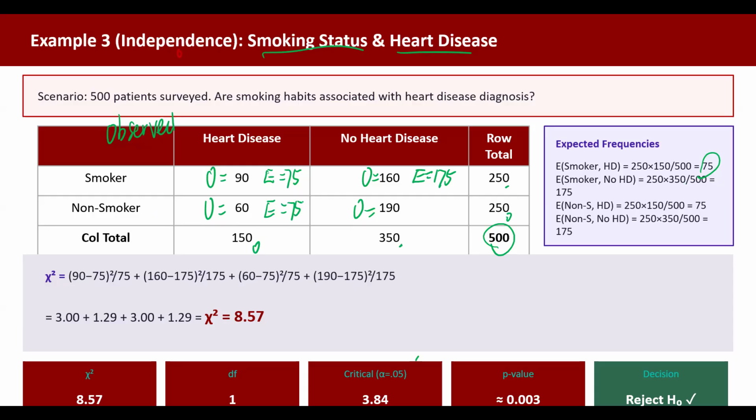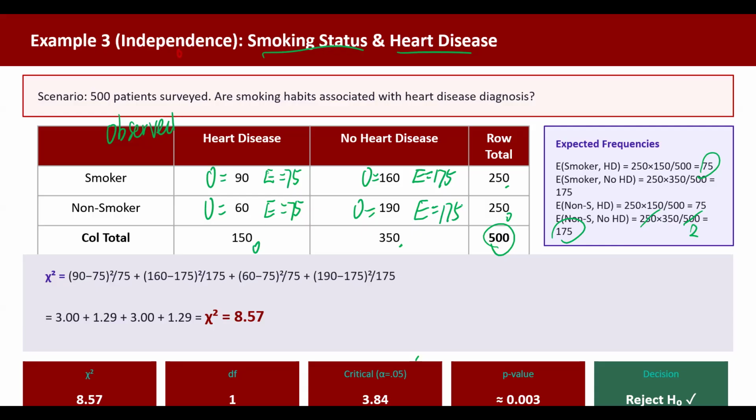And then the last category, which is non-smokers with no heart disease, is going to be 250 times 350 over 500. When you simplify that, you get 175 as well. So we get all those observed and expected frequencies.